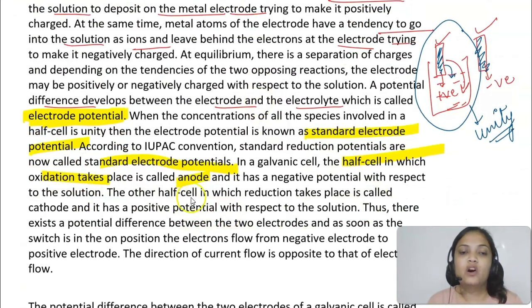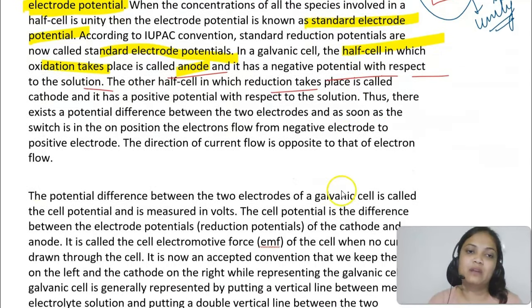Right? So oxidation happens at the anode and it has a negative potential with respect to the solution, of course. The other half cell where reduction takes place is called the cathode and it will have a positive potential.